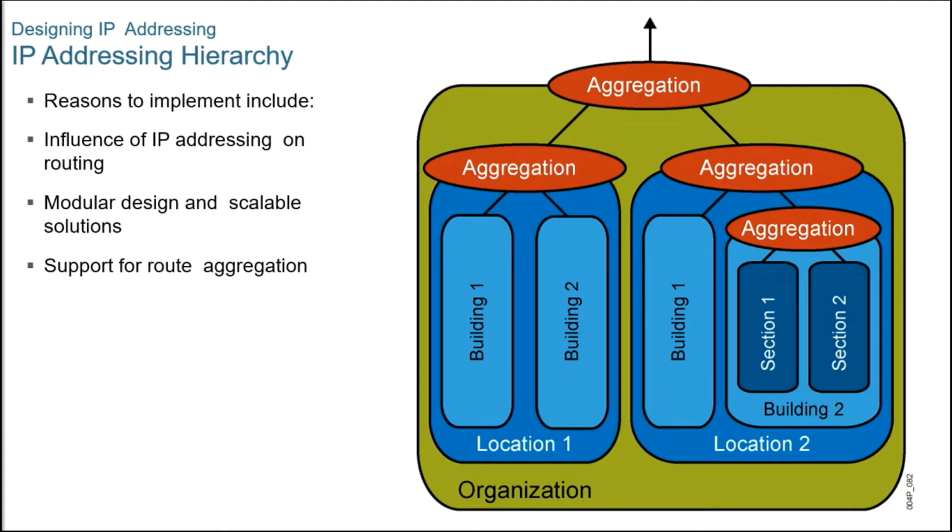A typical organization has up to three levels of hierarchy. At the first level, the network locations typically represent the first level of the hierarchy in the enterprise network. Each location typically represents a group of summarized subnets known as a summarization group.